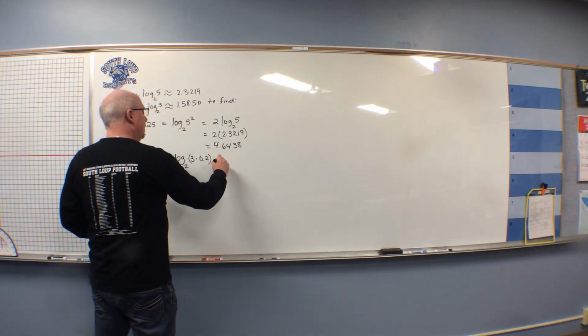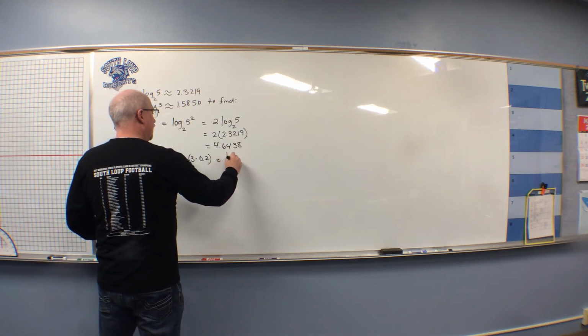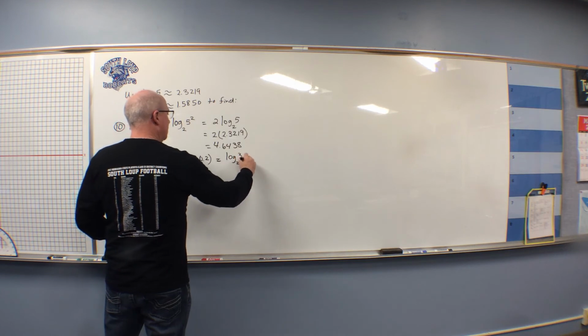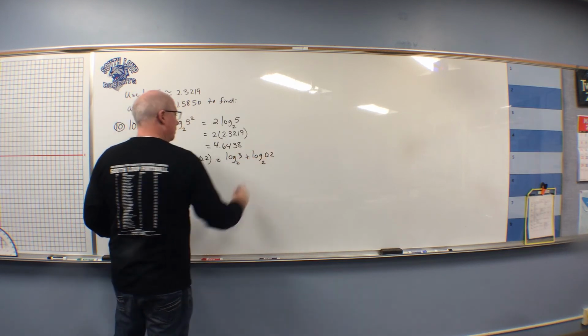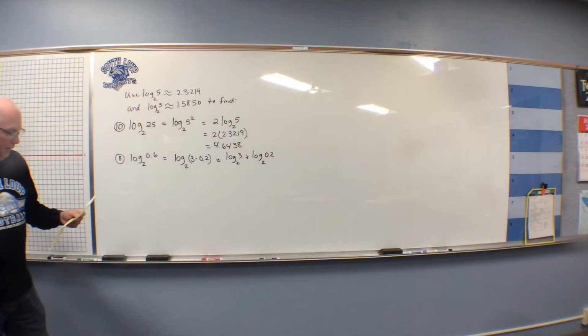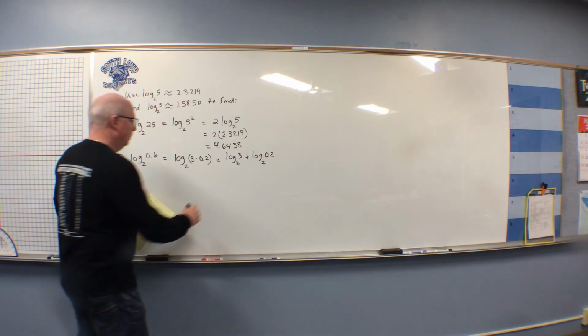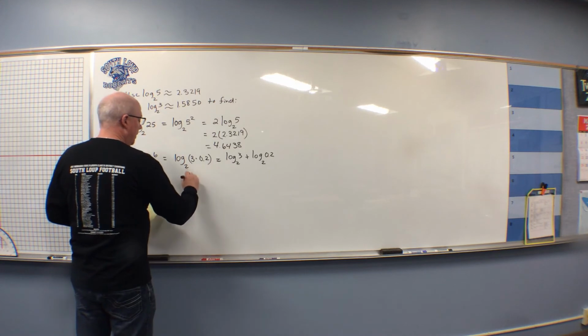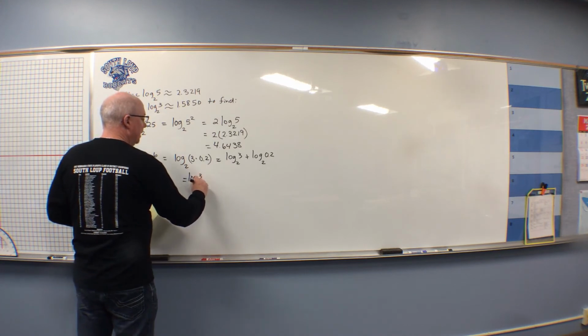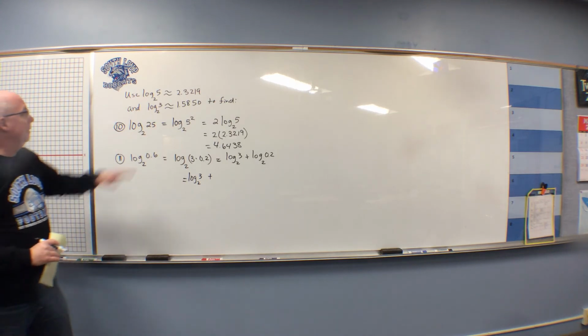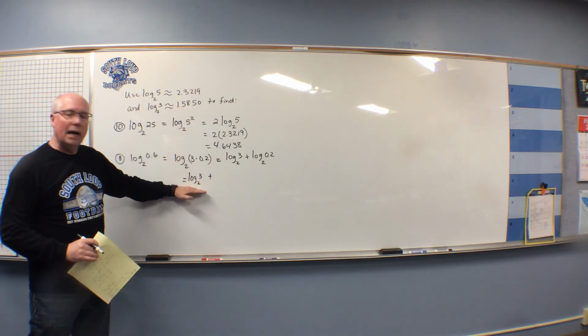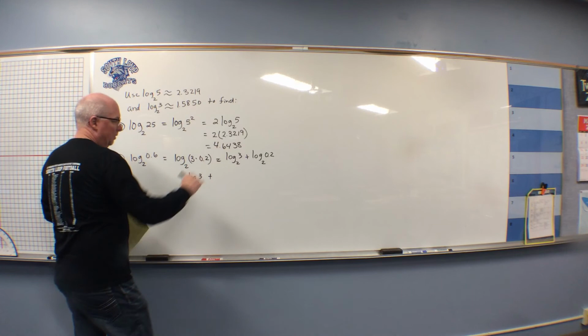So using the product rule, I can say, well, this is the log of 3 base 2 plus the log of 0.2 base 2. Okay? Now it gets a little weird. I do know the log of 3 base 2, and I can substitute that in at any time. I choose not to do it at this time, but I can put this in at any time. Okay? But I still have to work with this.